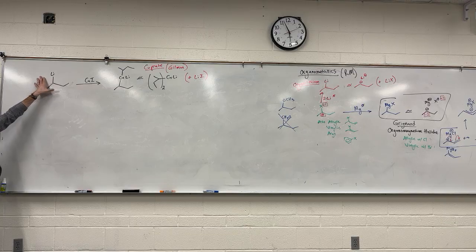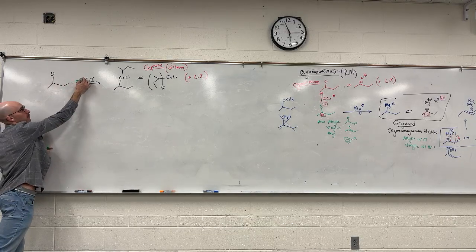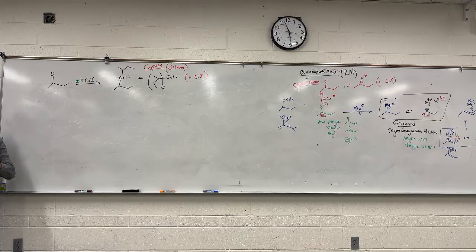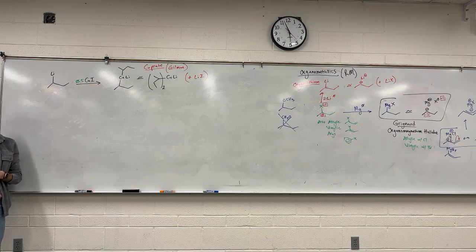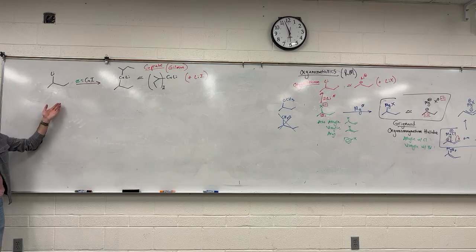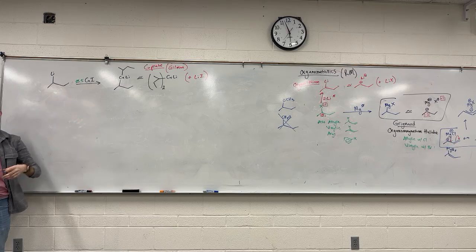You'll often see this as 1 to 1/2, which I don't like how it looks. And the reason I've written it in green is that I will accept it as long as you say copper iodide. You don't have to indicate that it will be half an equivalence of copper iodide. But this is how it's often written, 2 to 1, but actually written 1 to 1/2. Deal?